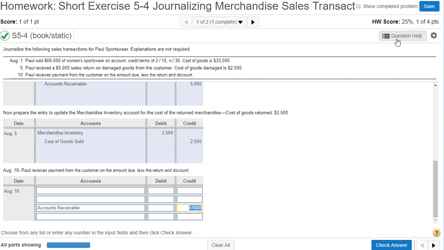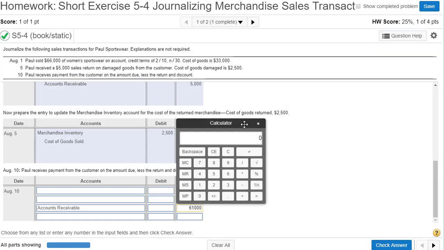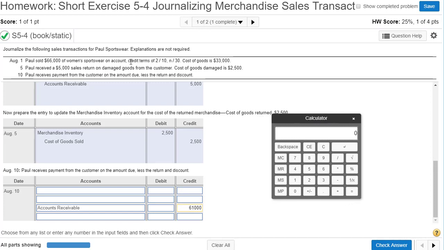Now, let's calculate how much they're going to pay us. Why do we need a calculator? Because, don't forget, they bought it on credit terms of 2/10 net 30. That means if they pay within 10 days of August 1st, which they are doing because they're paying us on August 10th, they're going to save 2%.